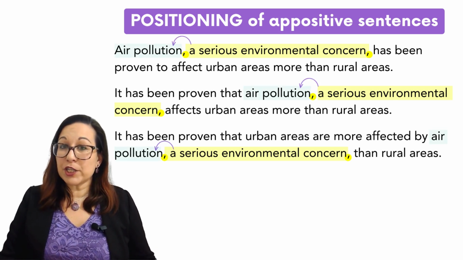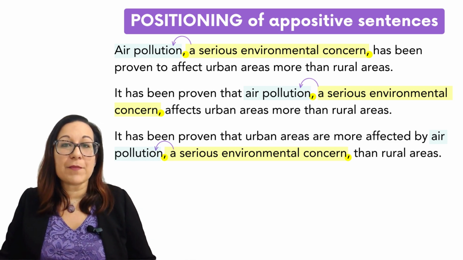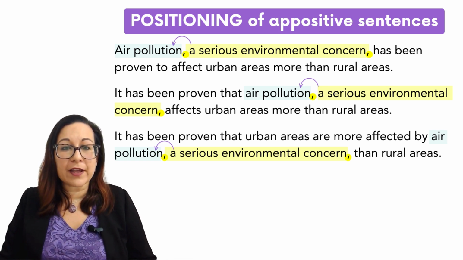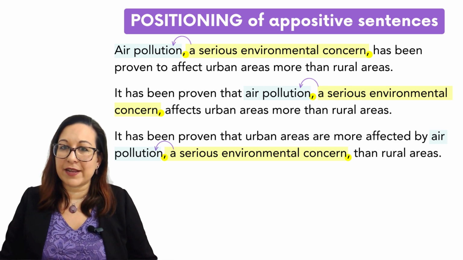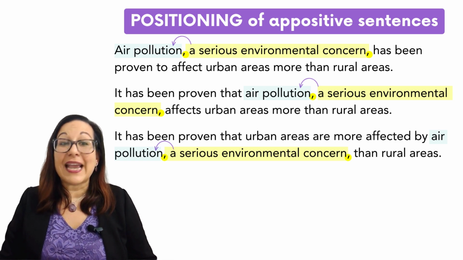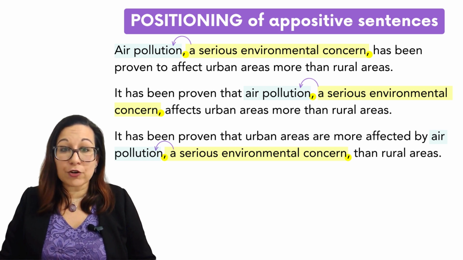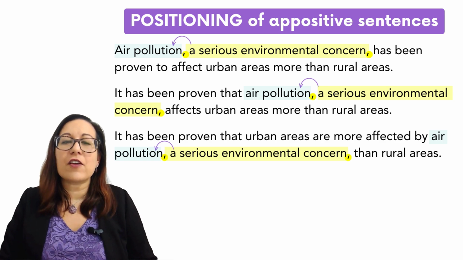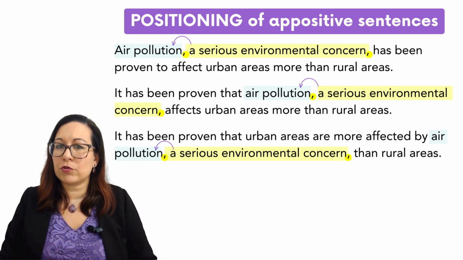So, air pollution, a serious environmental concern, has been proven to affect urban areas more than rural areas. It has been proven that air pollution, a serious environmental concern, affects urban areas more than rural areas.